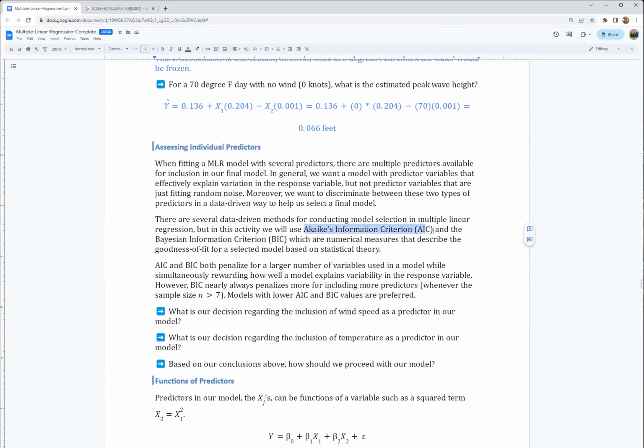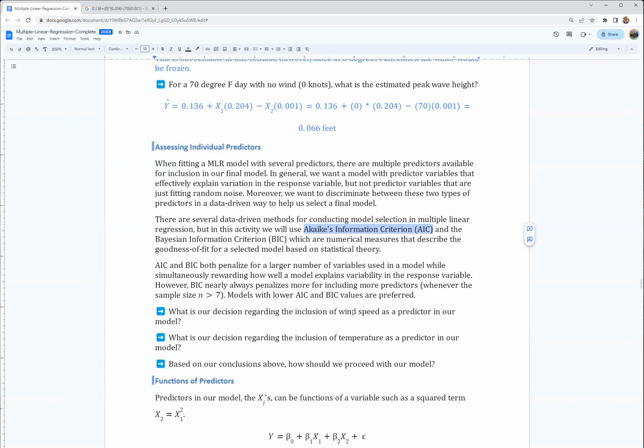These are two common metrics: Akaike's information criterion, commonly just called AIC, and the Bayesian information criterion, commonly just called BIC. These both are numbers you get for a given model fit that describe goodness of fit, or how well that model is fitting the data.